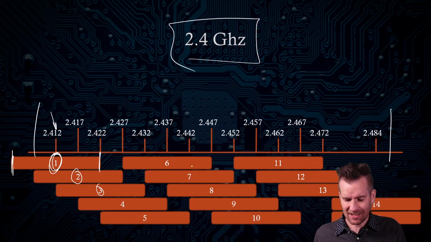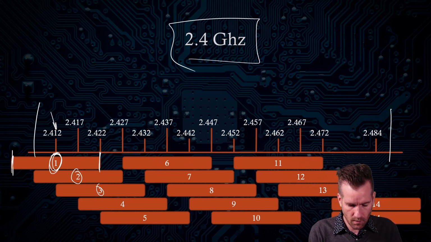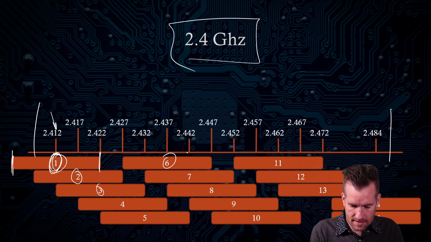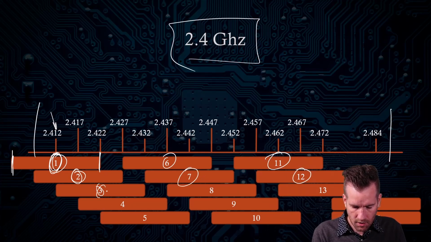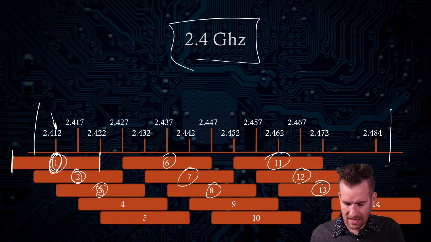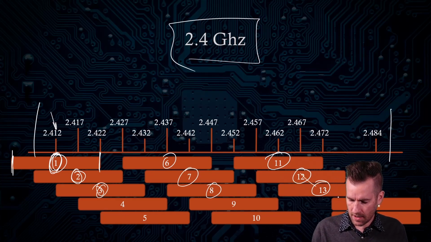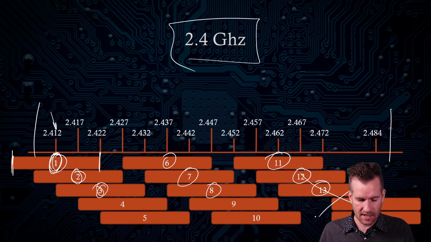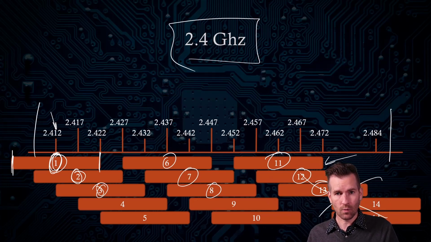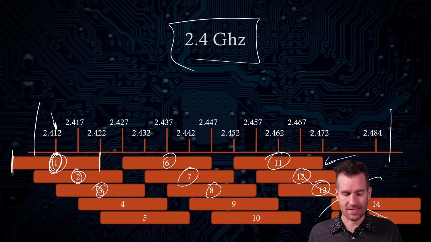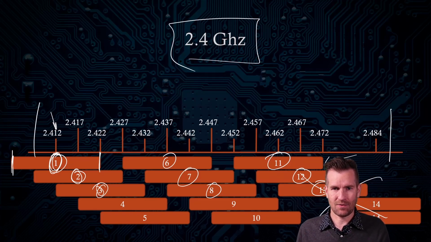We don't find channels that don't overlap until we get to 1, 6, and 11, or 2, 7, and 12, or 3, 8, and 13. Many countries don't have these last ones. So 1, 6, and 11 are typically the frequencies that we will work with when it comes to wireless LANs, and we only have 3.